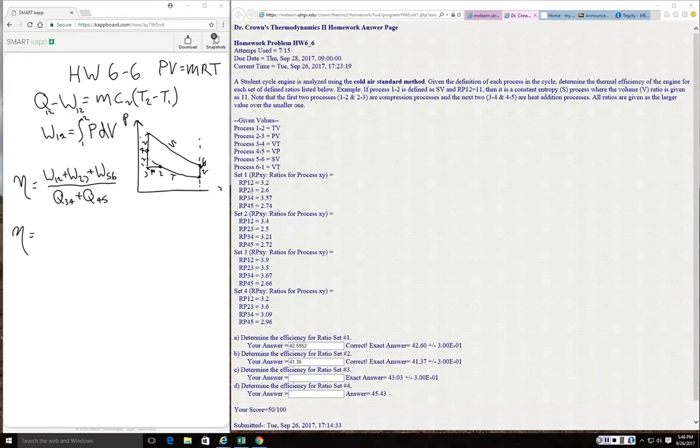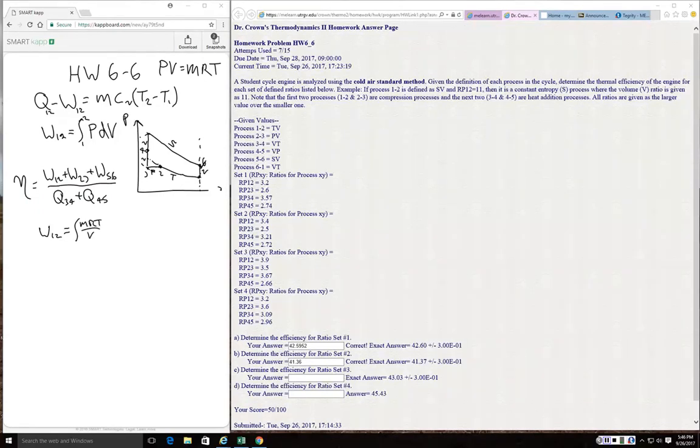So let's do work 1, 2. And for the first process, it's an isothermal process, so work from 1 to 2 equals the integral P dV, which I can replace P with mRT over V dV.